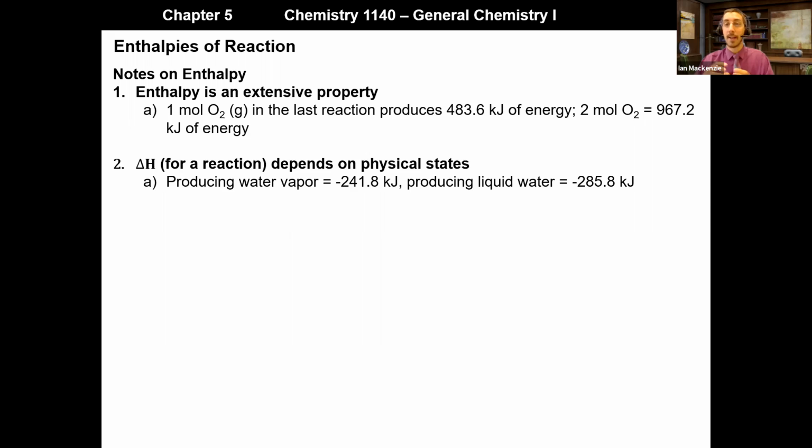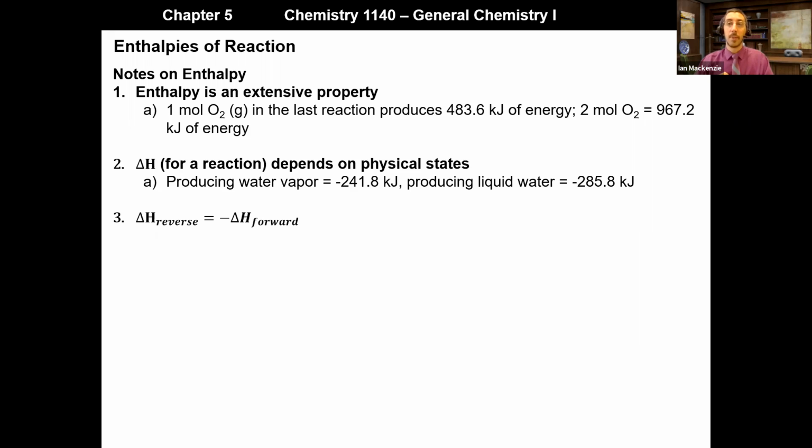That heat difference corresponds to the energy required for the phase change between liquid water and water vapor. But it's really important to note that the physical states do impact the amount of heat present, or enthalpy.